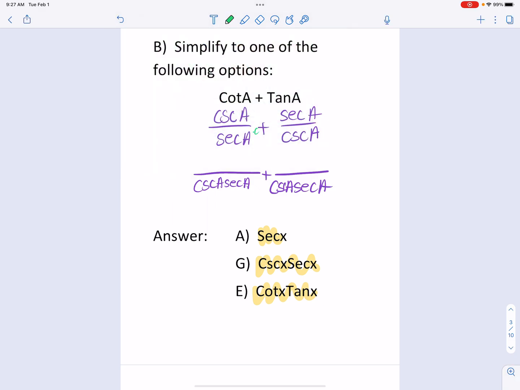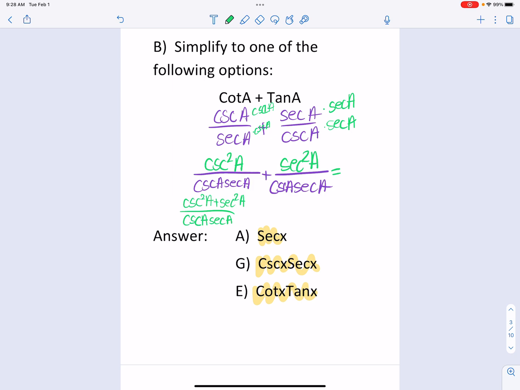This first one's missing the cosecant of A. So that would be the cosecant squared of A. This one's missing the secant of A. And that's the secant squared of A. And so on the top, I would have the cosecant squared of A plus the secant squared of A over this stuff. Cosecant of A, secant of A, right? Cosecant of A, secant of A.